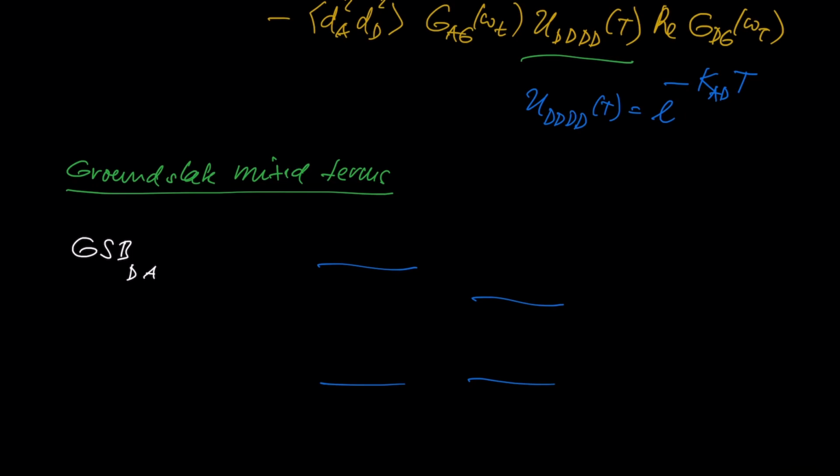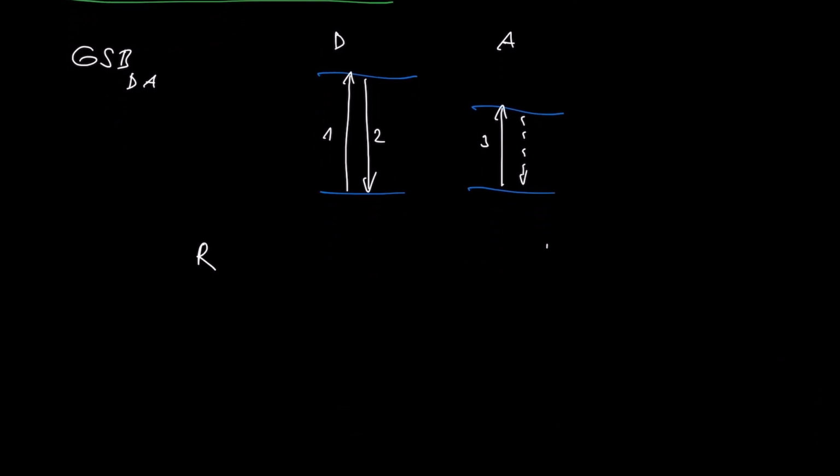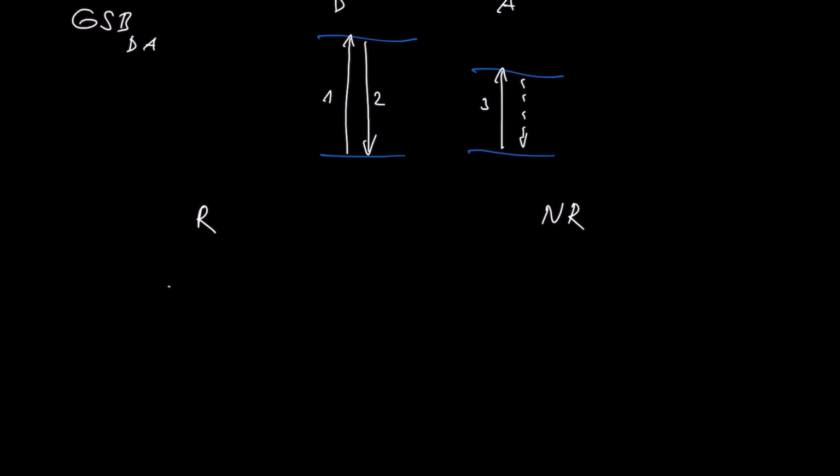That means the first excitations have to happen on the D molecule, so it will be a first and second interaction resulting in ground state again, and then the third interaction would go on A and the signal will be emitted on A. So we have to again find rephasing and non-rephasing contributions, and it's a ground state bleach.